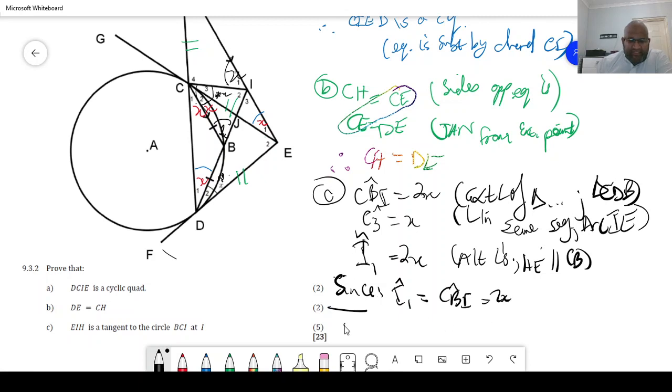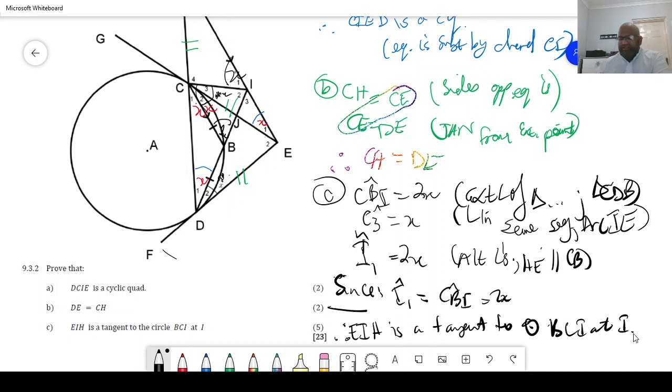since that is the case, we can conclude therefore AIH is a tangent to circle through BCI at I, and the reason there is the converse of the tan theorem.